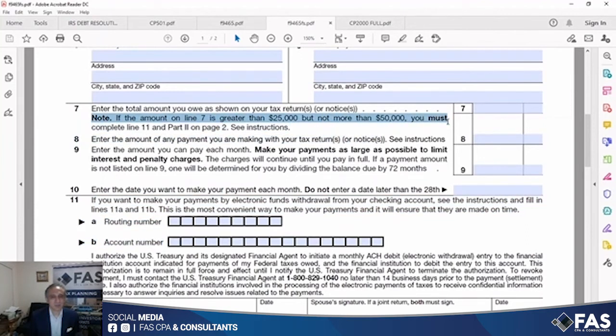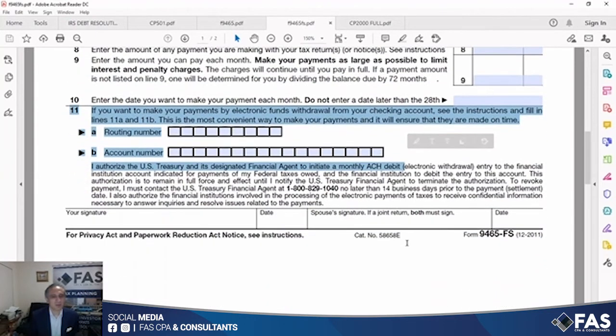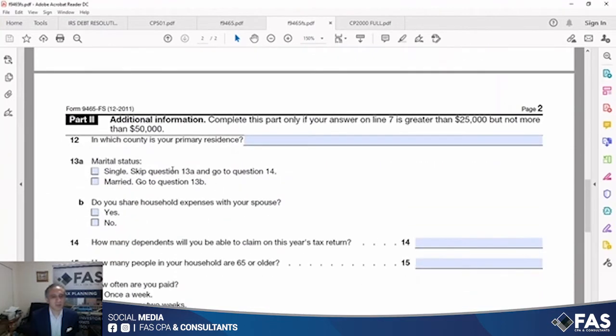If the amount on line 7 is greater than $25,000 but not more than $50,000, you must complete line 11 and part 2. Line 11 is automatic ACH debits, and part 2 is additional information that you have to complete.